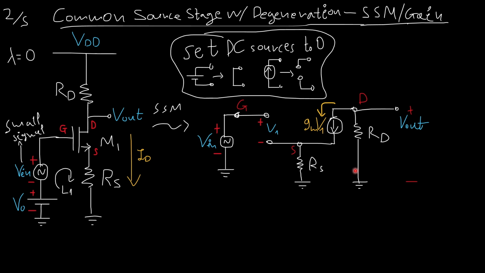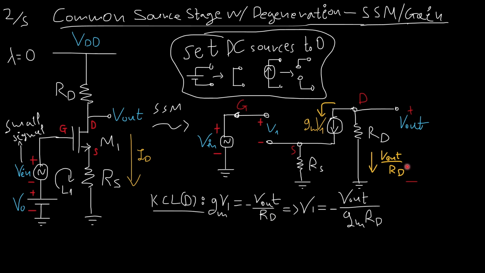That'd be the same thing. The current here must be gm V1, right? This is the dependent current source. The current flowing from here all the way to the ground must be equal to V out over RD. Notice that the arrow points from here to here because the out is measured from here to here. We must be careful with these things.